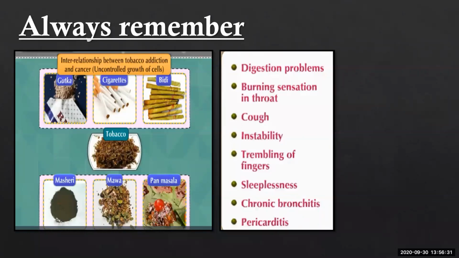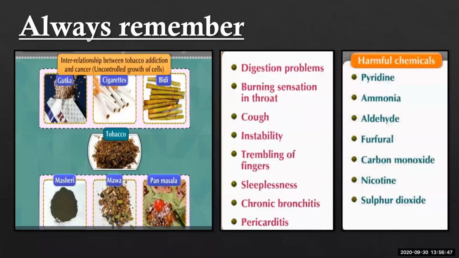Then there may be a shortening of lifespan, and cancer of the lungs, mouth, larynx (the voice box), pharynx, pancreas, and urinary bladder.